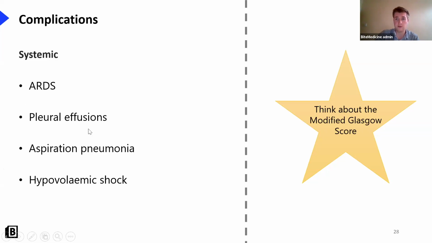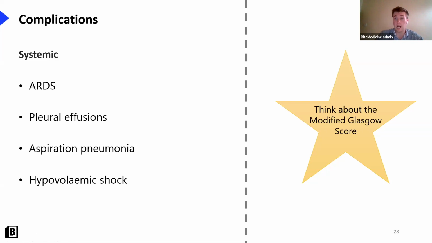Pleural effusions, again, third spacing into the pleural compartment. Aspiration pneumonia, so this is essentially if a patient is to breathe in or aspirate their own vomit. Now, as you're aware, pancreatitis can cause vomiting, so you are at an increased risk of aspirating your vomit, and an outcome of this could be aspiration pneumonia.